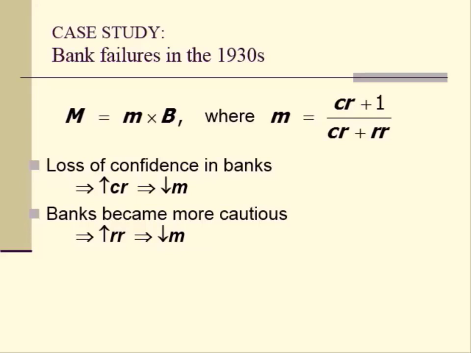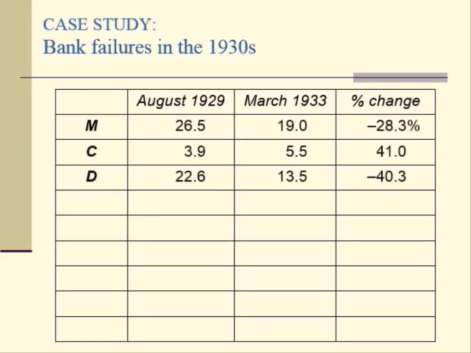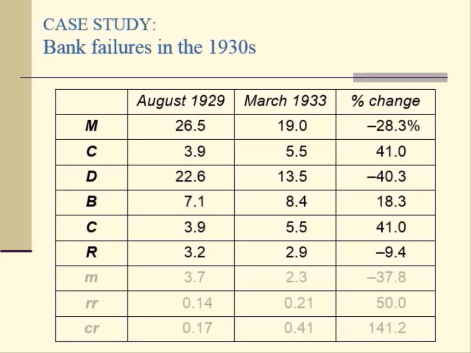And let's look at the data in the next slide. This is a table based on the data from Milton Friedman and Anna Schwartz's 1963 publication, retrieved from Appendix A and calculated based on the data. So we have two columns, August 1929 and March 1933, and then the last column is the percent change of these variables.